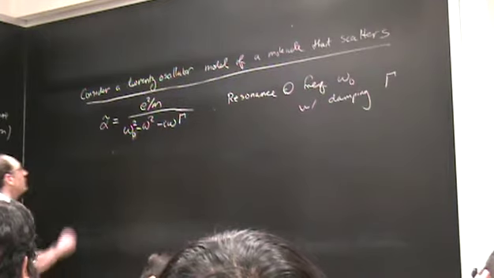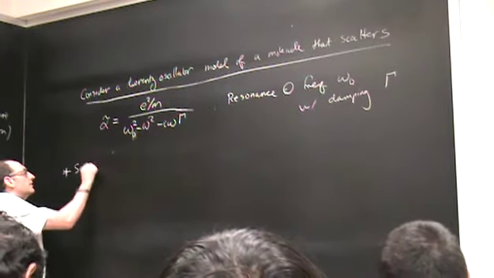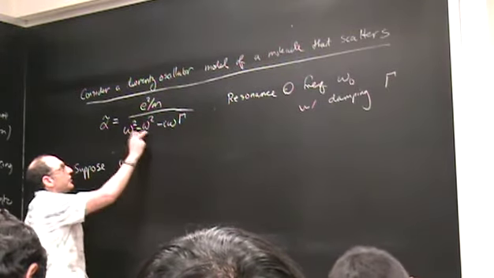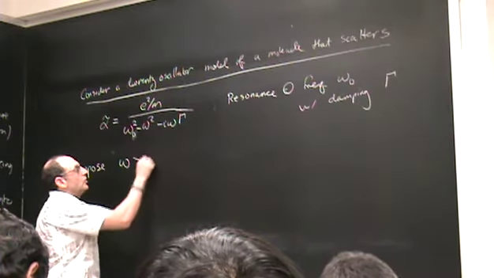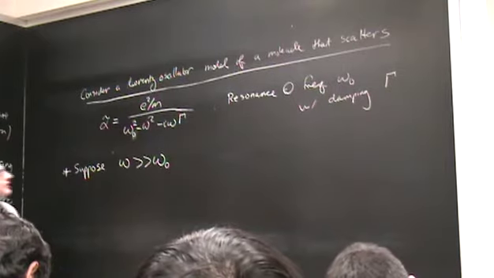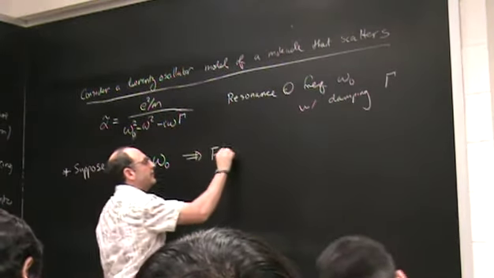Okay? So the first case we'll consider is suppose the frequency of the incident light, which drives this oscillating dipole, is huge compared to omega naught. This is the case where it almost looks like a free electron.